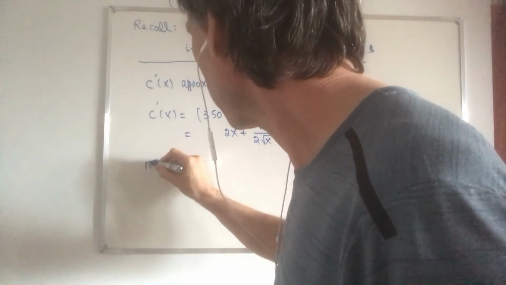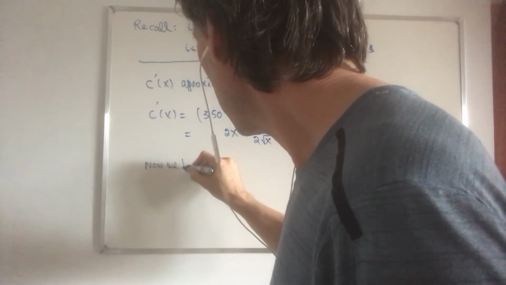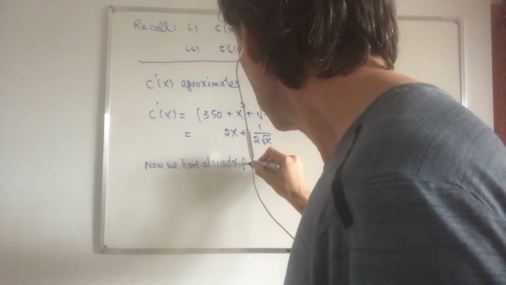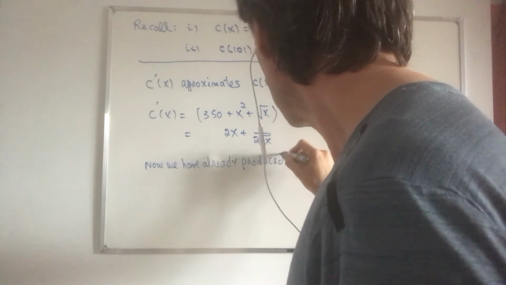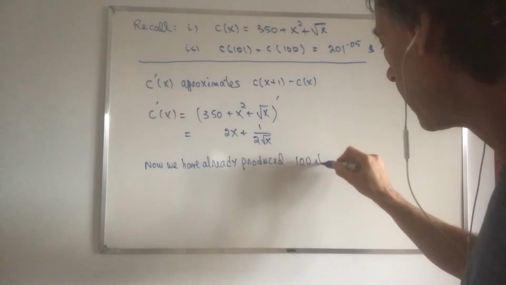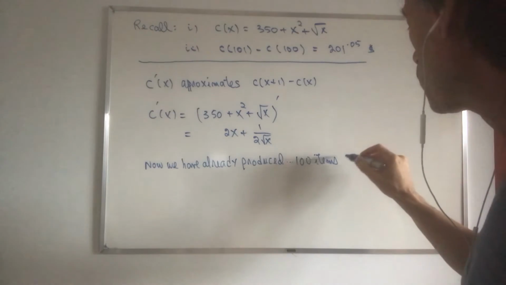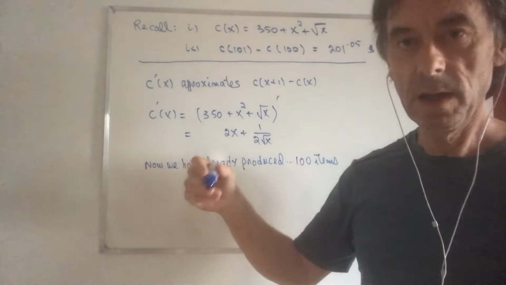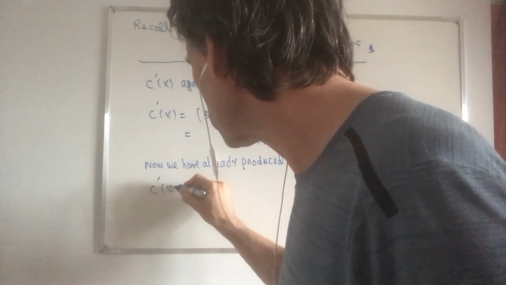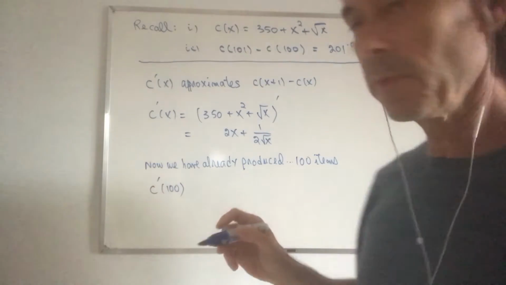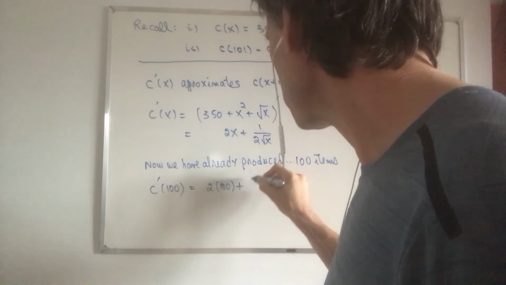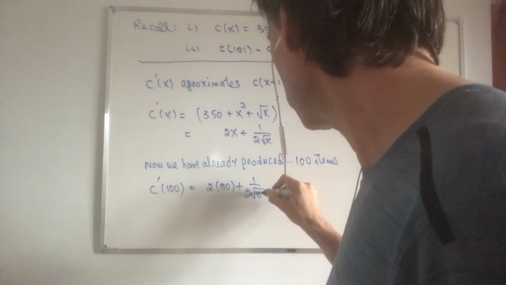Now we have already produced 100 items, and we want to know the approximate cost of producing one more. So I would like to figure out C prime of 100. That's 2 times 100 plus 1 over 2 times the root of 100.